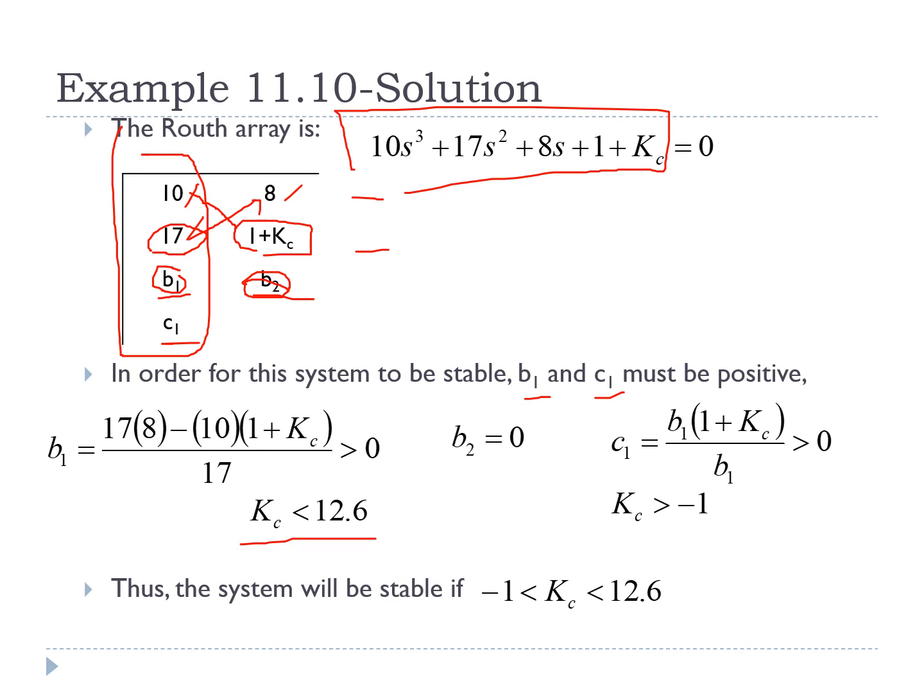Then you can calculate C1, where C1 is equal to B1 times 1 plus Kc minus 17 times B2, but B2 here is 0, so minus 0, divided by B1. Rearranging the equation, you find that Kc must be greater than negative 1. So in order for the system to be stable, your Kc must be greater than negative 1 but less than 12.6.